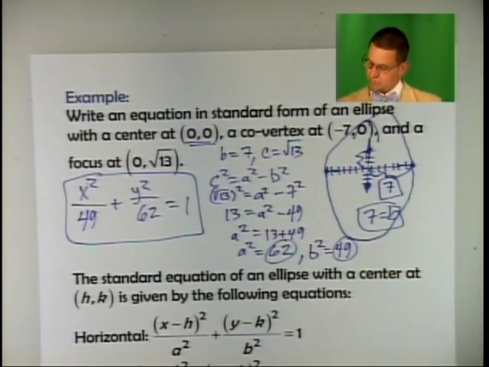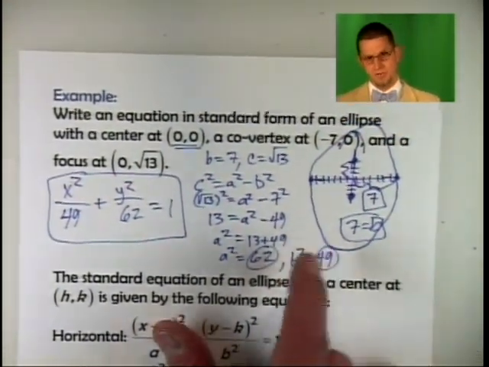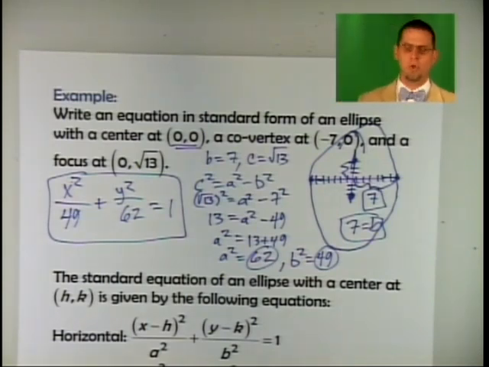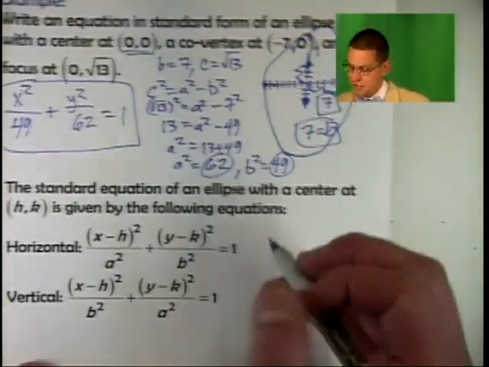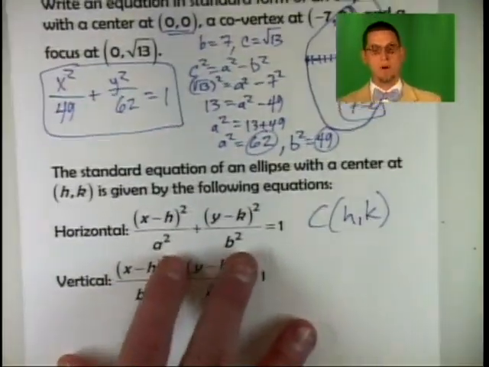Nothing to it. Now, just like we did with a circle, what if your ellipse is not centered at the origin? Well, it's going to make the equation just slightly, how can we say it nicely, augmented. It's going to have a little bit more information in it. So if our center, just like for the circles, is at the point (h, k), we can modify our equations.